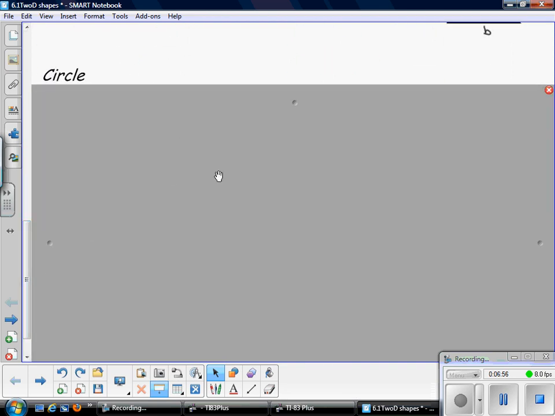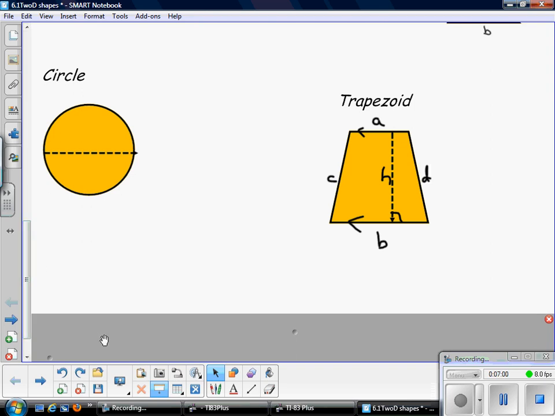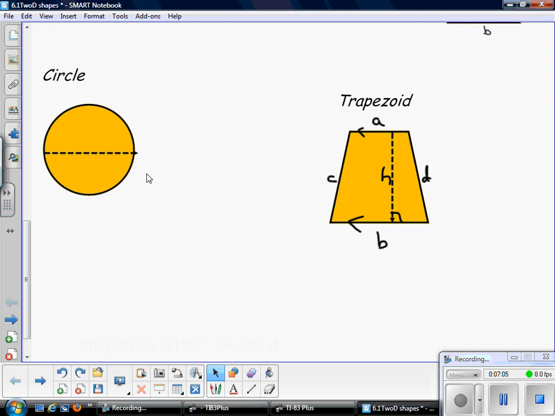Okay, the next shape that we're going to look at is a circle and then a trapezoid. Now a circle, if you notice right now I have no letters here, and I want to talk about that for a second. First of all, a circle has what we call a diameter, which starts at one point on the circumference of the circle, goes through the center, and back out to the other side.